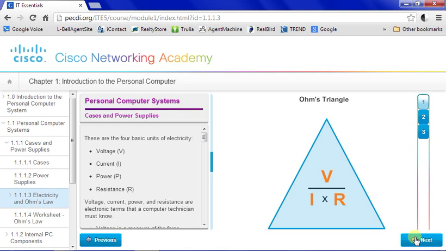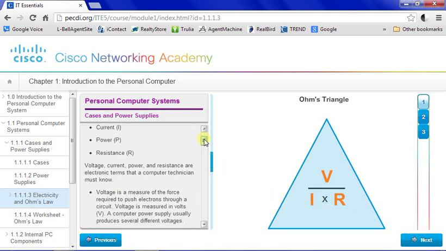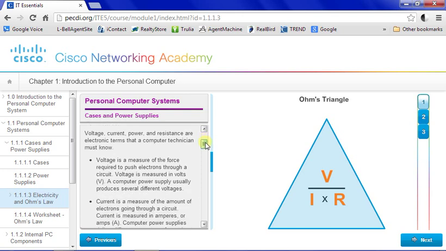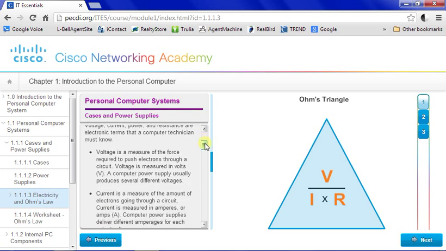Voltage, current, power, and resistance are electronic terms that a computer technician must know. Voltage is a measure of force required to push electrons through a circuit. Voltage is measured in volts, V. A computer power supply usually produces several different voltages.